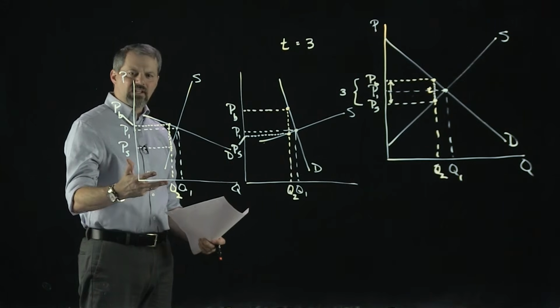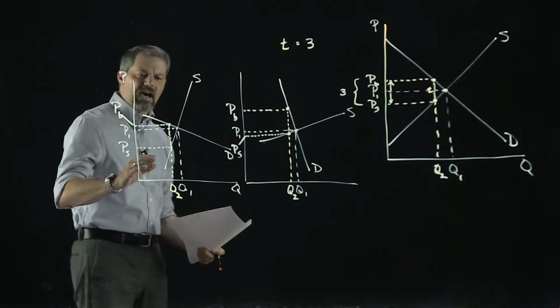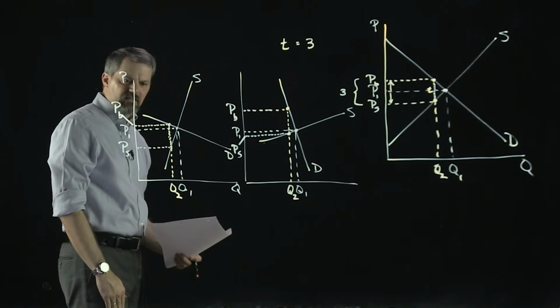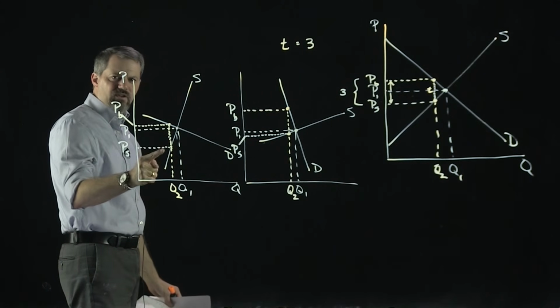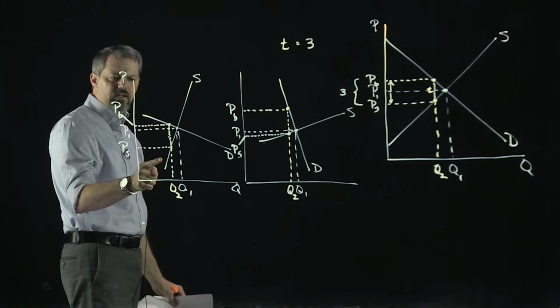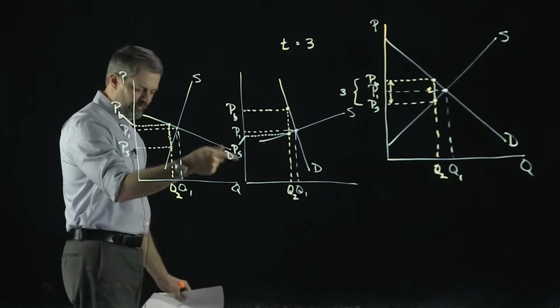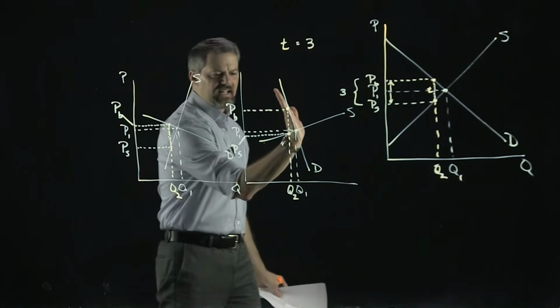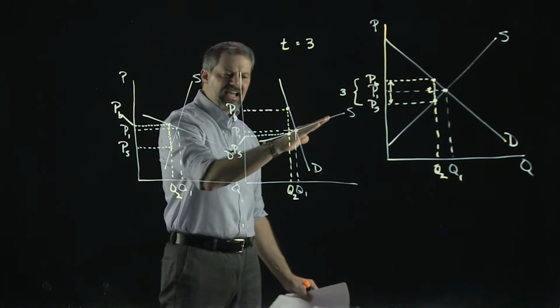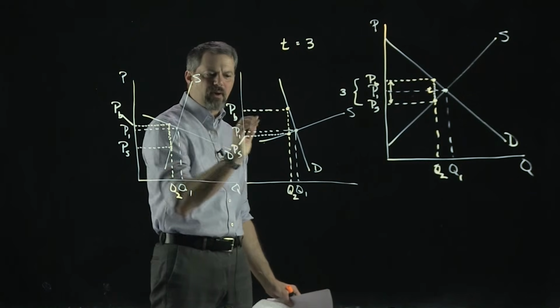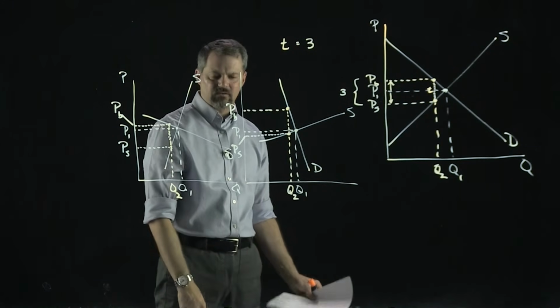So what you can see here is that when we've got inelastic supply and elastic demand, most of the tax burden falls on the supply side of the market, which is the inelastic side of the market. Over in this picture, we've got inelastic demand and elastic supply, and here a bigger chunk of the burden falls on the buyers, the inelastic side of the market.